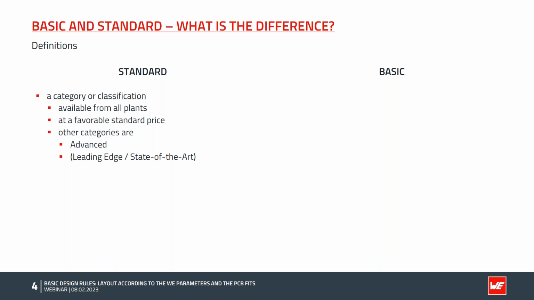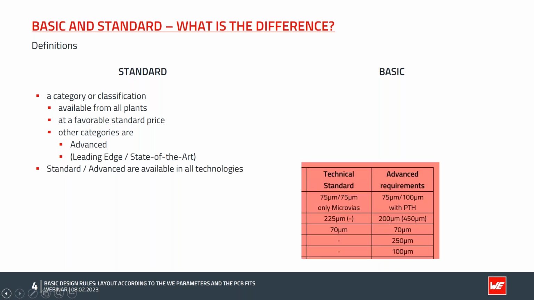Other categories are advanced and sometimes even leading edge or state of the art, which is more or less a niche classification. So standard and advanced are available in all technologies. As it's not a technology, it's a classification.